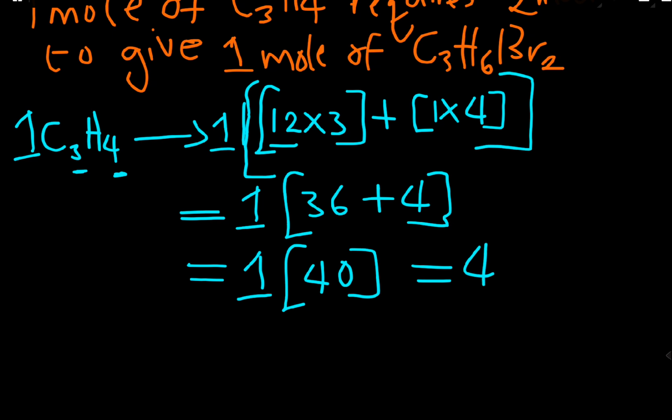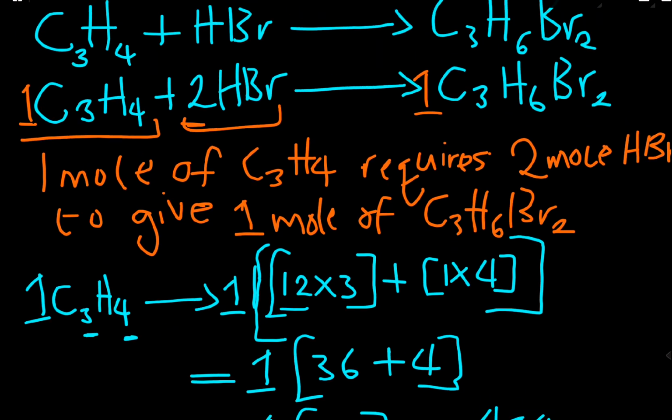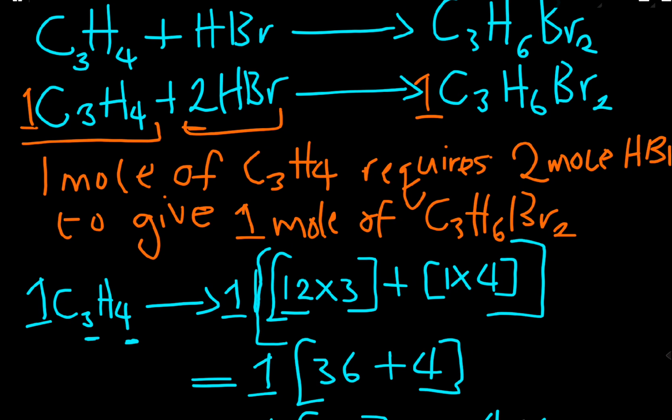So this is 40 grams. So we've been able to solve for the molar mass of propyne using the balanced chemical equation. That's why I was multiplying it by 1. Next, we solve for that of hydrogen bromide, this one here. So we use 2 and we multiply the entire atomic mass of hydrogen bromide by 2.